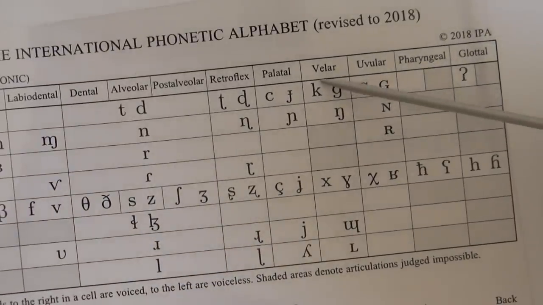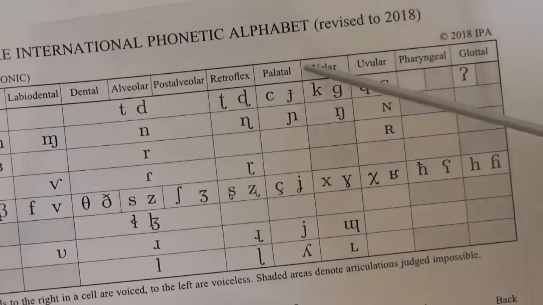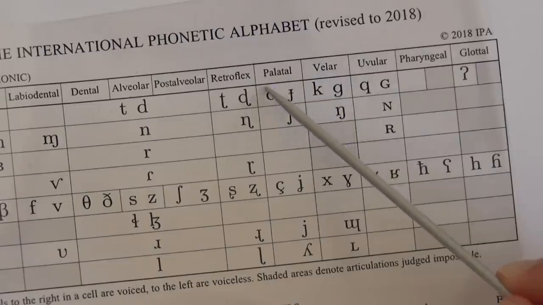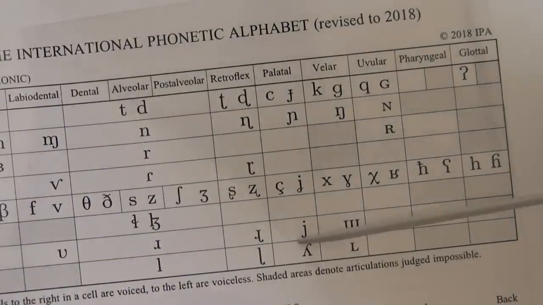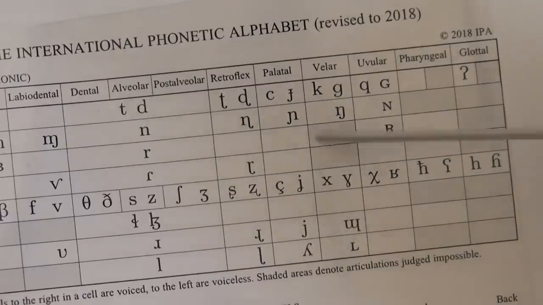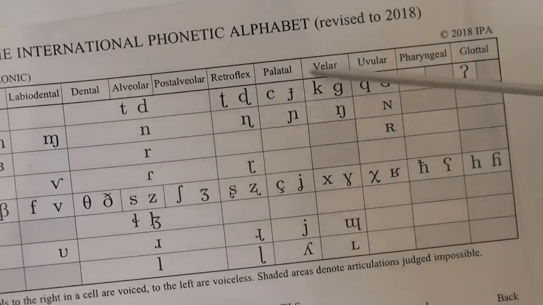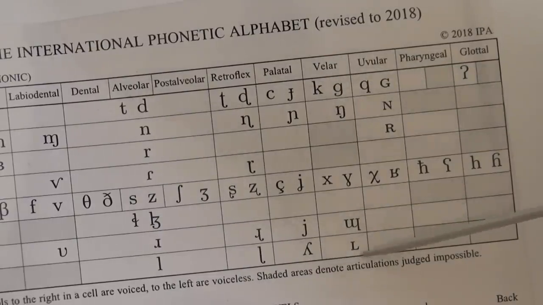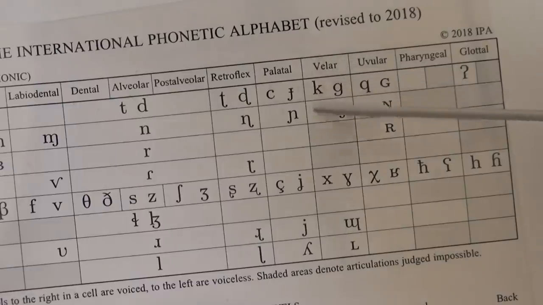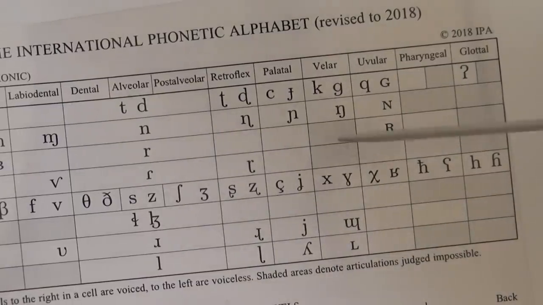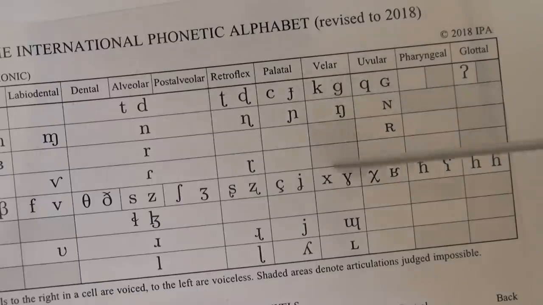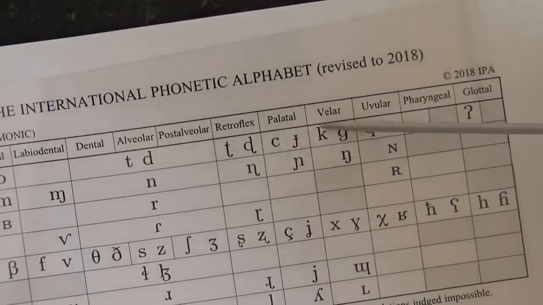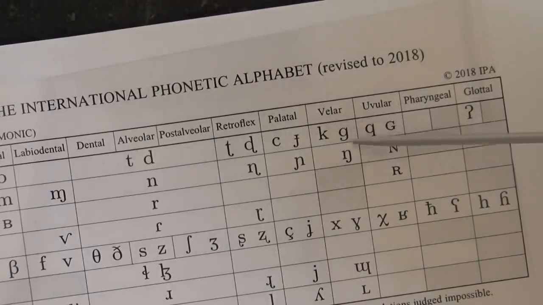Then we're here at the velar consonants. So this is the hard palate, the tongue against the front part of the palate, and this is the tongue against the soft palate, the back of the palate. These are really easy to recognize to me.